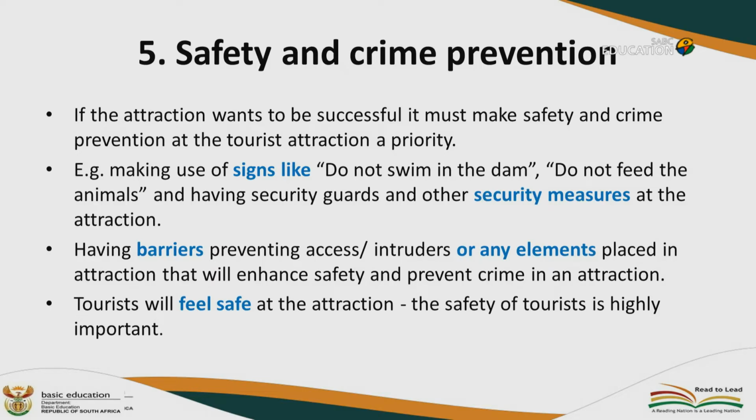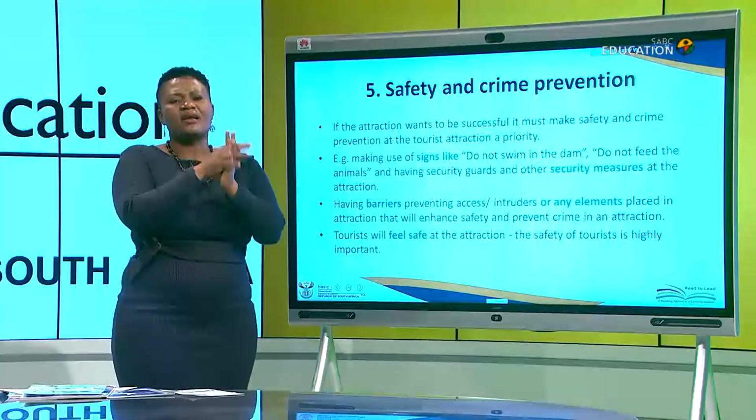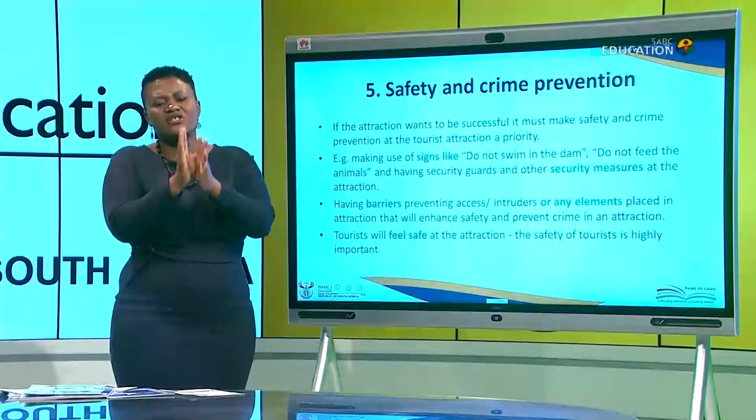These barriers will prevent access, intruders, or any elements placed in the attraction, and all this will enhance safety and crime prevention in an attraction. Tourists will feel safe at the attraction. The safety of tourists is highly important. Guys, a number of times we've seen on the media, maybe you've heard that a certain tourist was killed by a lion, or a certain tourist was injured by a lion.